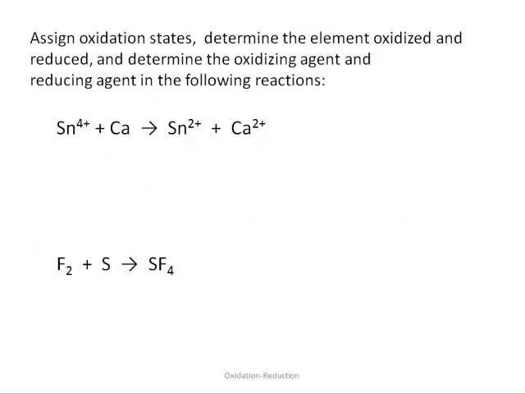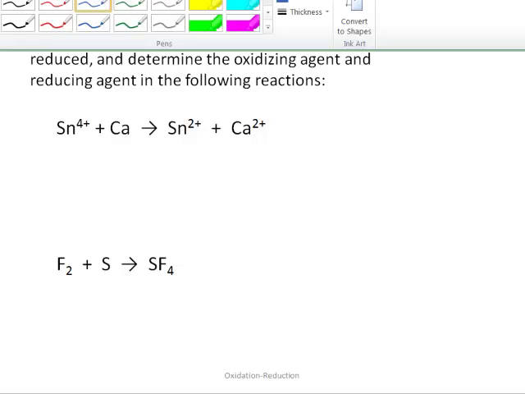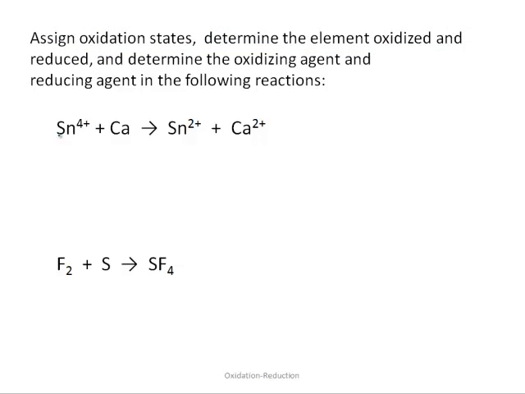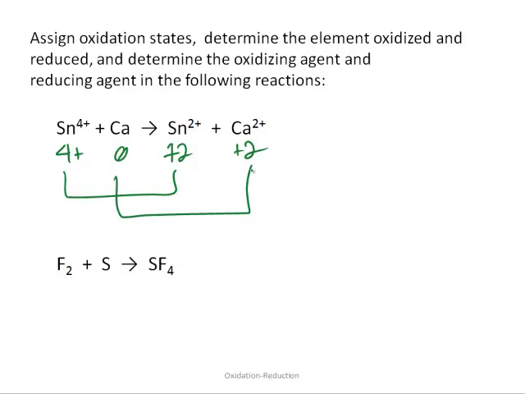Alright, here's another couple of examples that are quite simple, but we'll still get a little more practice here. Tin plus 4 is of course plus 4 oxidation state. Calcium by itself is 0. Tin plus 2 is plus 2, and of course calcium plus 2 is plus 2. So we only have 2 species here, so we know they had to change.